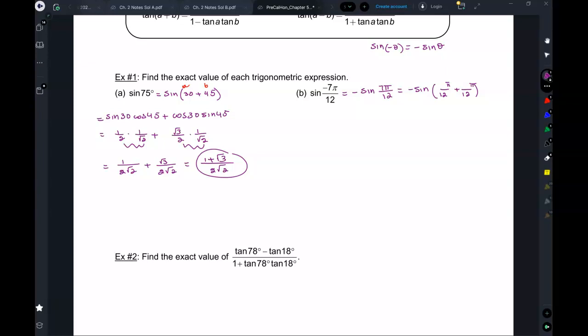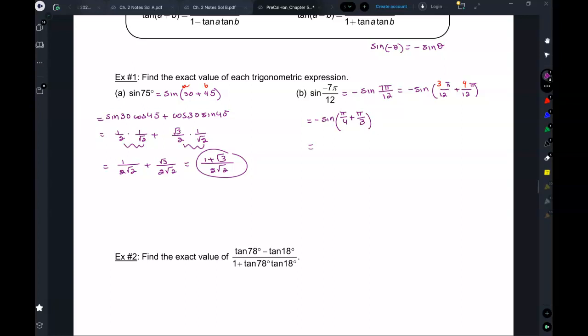For example, 1 and 6 does add to 7, but if I do 1 over 12, does that reduce to a special angle? No. 2 and 5, also the 5 doesn't, but 3 and 4 does. So 3 and 4. So now this will be negative sine, and then reduce it, pi over 4 plus pi over 3. Okay, so it's just a way to do that.